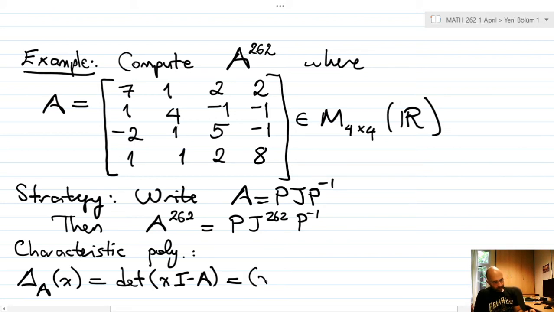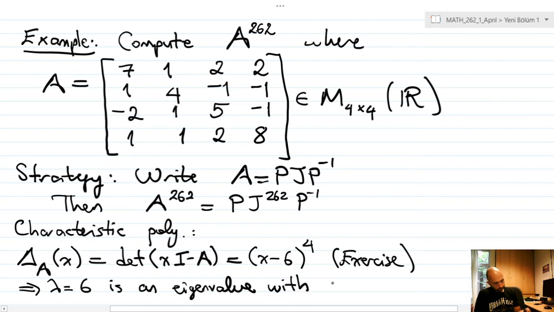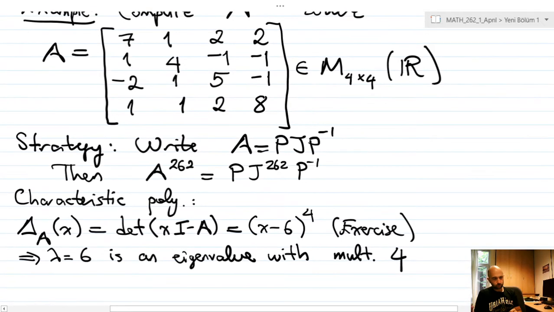Just check as an exercise that this is equal to (x minus 6) to the power 4. So lambda equals 6 is an eigenvalue of multiplicity 4, and there are no other eigenvalues.